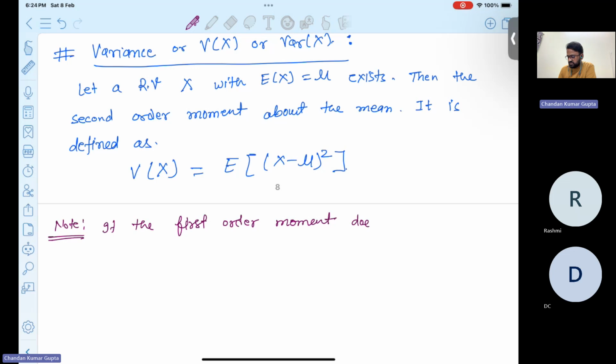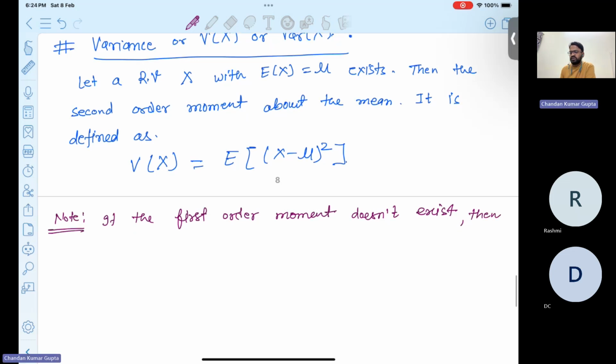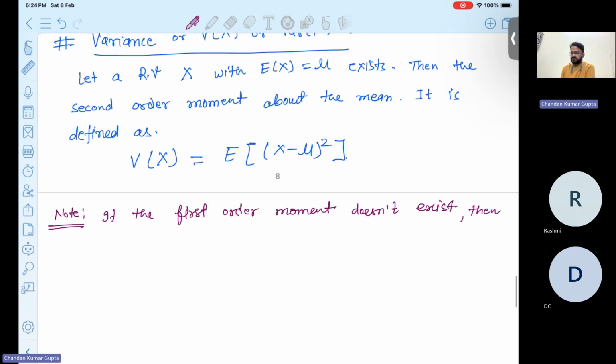If the first order moment doesn't exist, then we cannot define the second order moment.